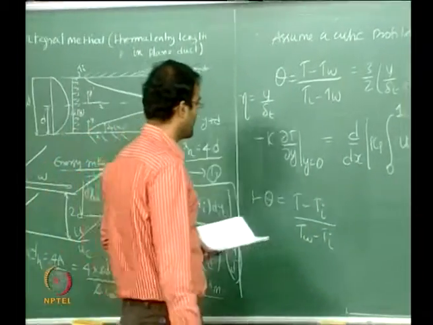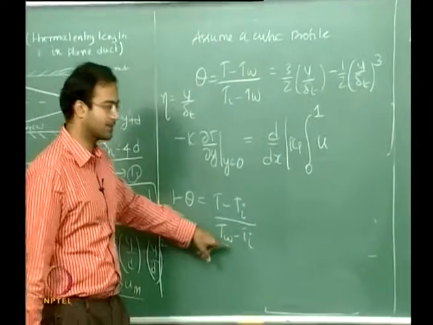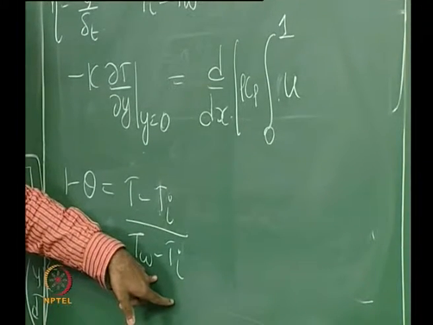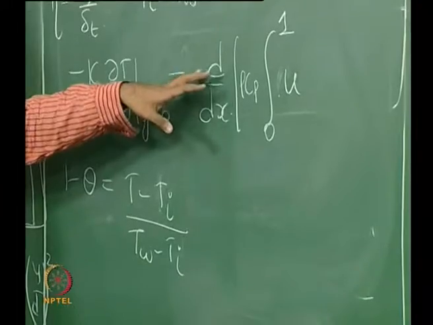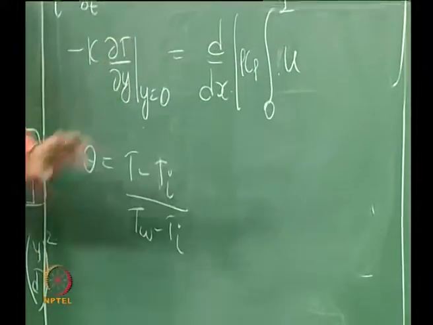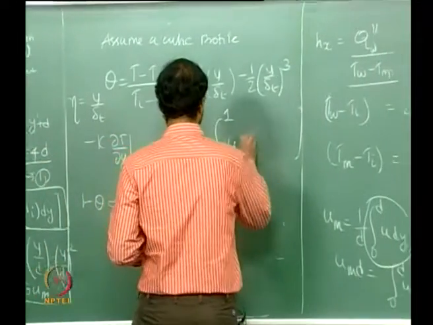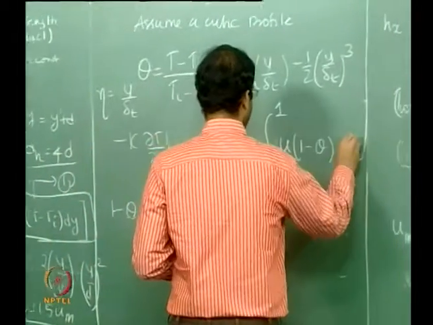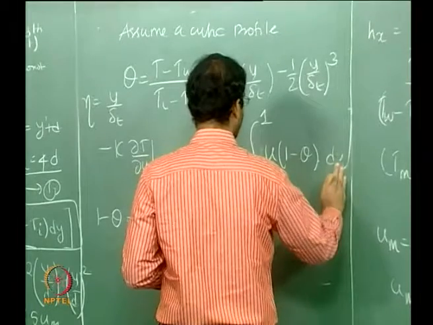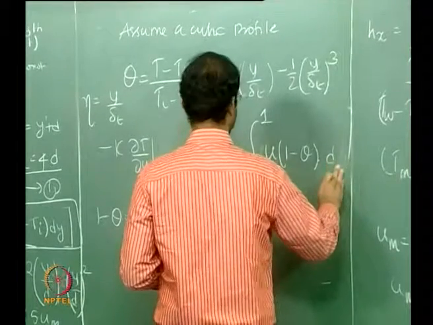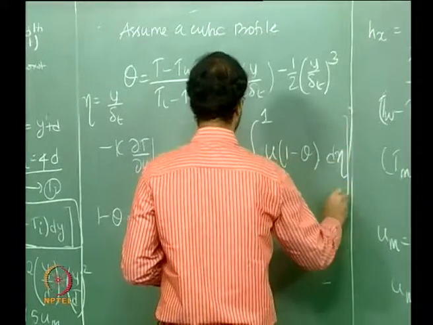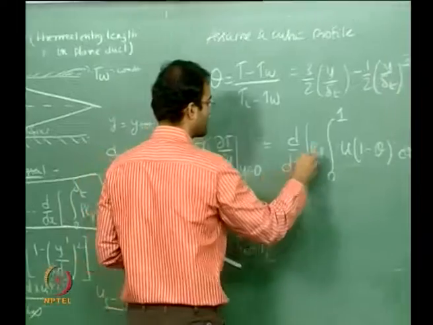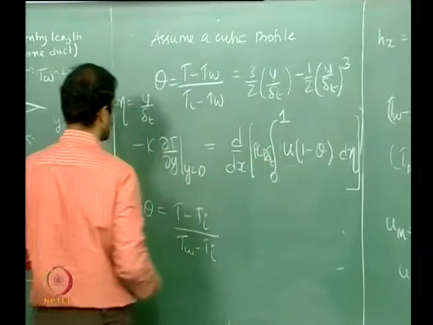Therefore T wall minus Ti is constant because my wall temperature is constant and inlet temperature is constant. So I can introduce T wall minus Ti on both sides, and it will get cancelled off. So this can be written as u into 1 minus theta into dy. Instead of dy I substitute in terms of eta, and if I convert y to eta I have to multiply by delta t. So there is a delta t also which is coming here.